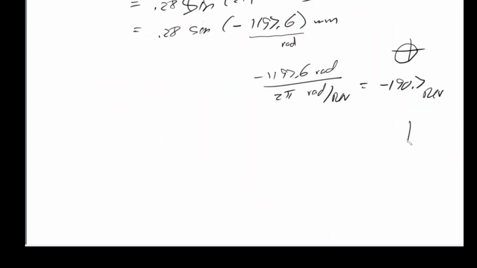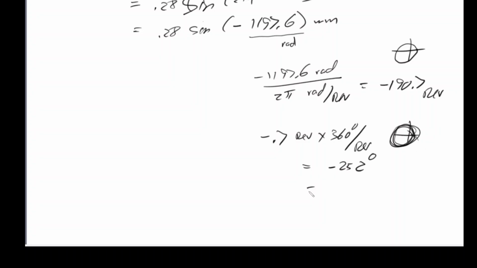But every revolution brings us back to the same point. So we can get rid of all of the whole numbers of revolutions, the 190, and just focus on the 0.7 revolutions. So a minus 0.7 revolutions or cycles times 360 degrees per revolution gives us a minus 252 degrees.